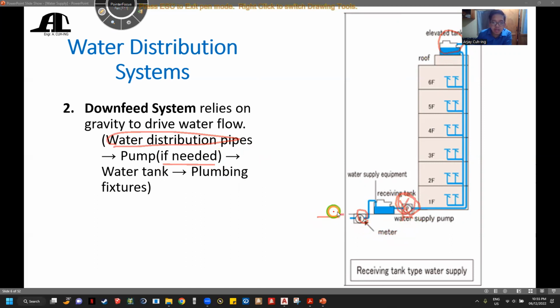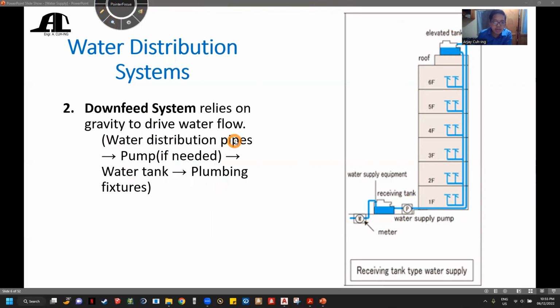If the pressure of the water district can distribute all the way to your tank, we can eliminate this. So the flow goes from the water district to our water tank, and then to our plumbing fixtures.